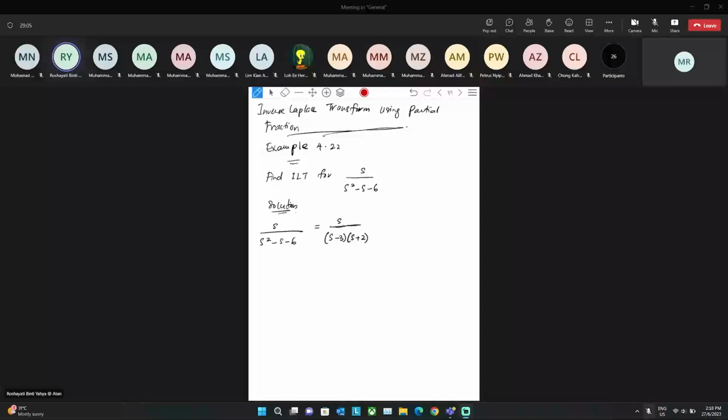So this is linear factors case, equal to A over s minus 3 plus B over s plus 2.